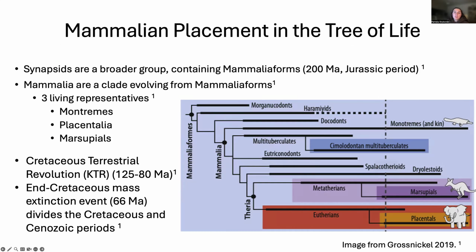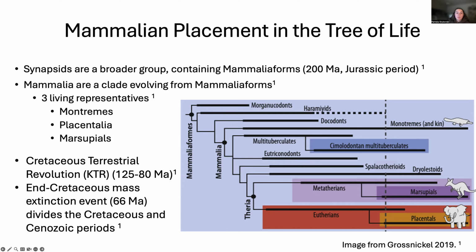So, mammalian placement in the tree of life. When we're looking at the tree of life, the group Synapsida is a broader group, and they contain what is known as Mammaliaformes, which are from 200 million years ago in the Jurassic period. Mammalia are a clade that evolved from Mammaliaformes. Right now, there are three living representatives: monotremes, placentalia, and marsupials.